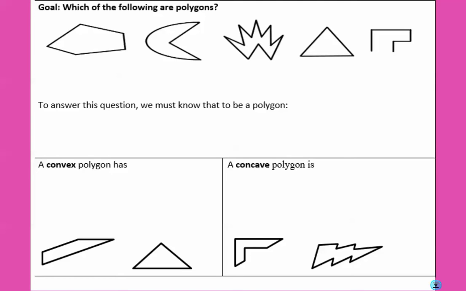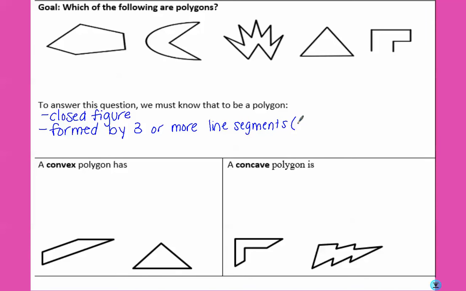So, first let's talk about what a polygon is. Which of the following figures are polygons? Well, to answer this, we need to know what a polygon is. A polygon is a closed figure. It is formed by 3 or more line segments, meaning it can't have any curves.